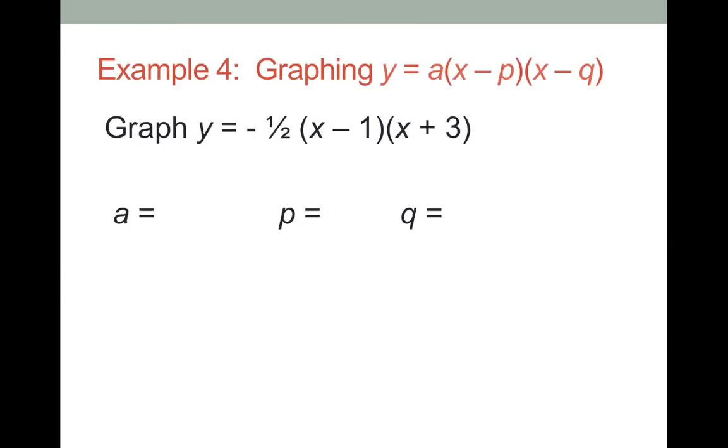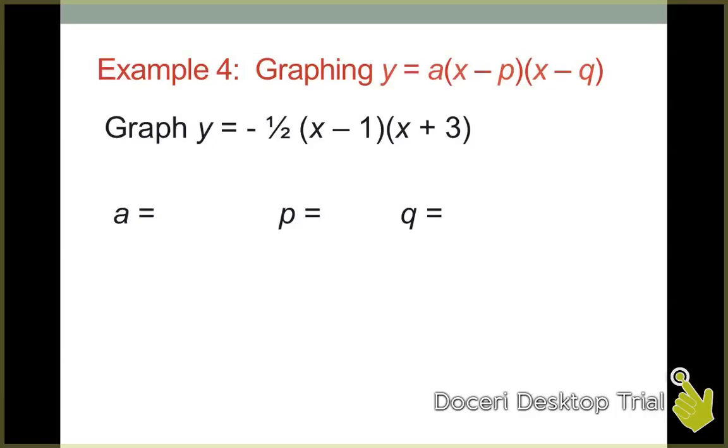All right, I know this is getting a little bit long, but let's take a look at the third form here quick. And this is called the intercept or factored form. And the reason it's called the intercept form is because in this case, when we look at our function, the p and the q tell us the x-intercepts of the graph.